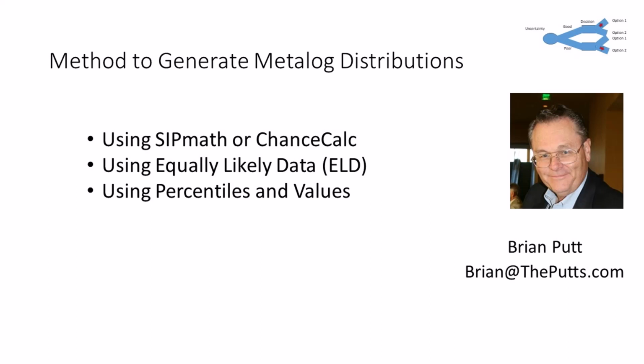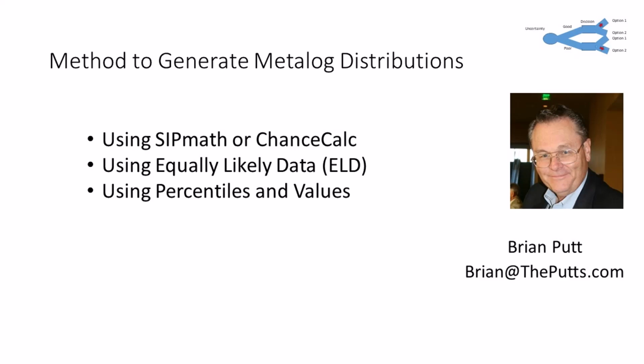The third method, which is new, is using percentiles and values to generate Metalog distributions. What's new about it is not that the file hasn't existed before, but a button was added to the file that allows you to generate a concise single cell with the equation that you can then copy over to Excel.